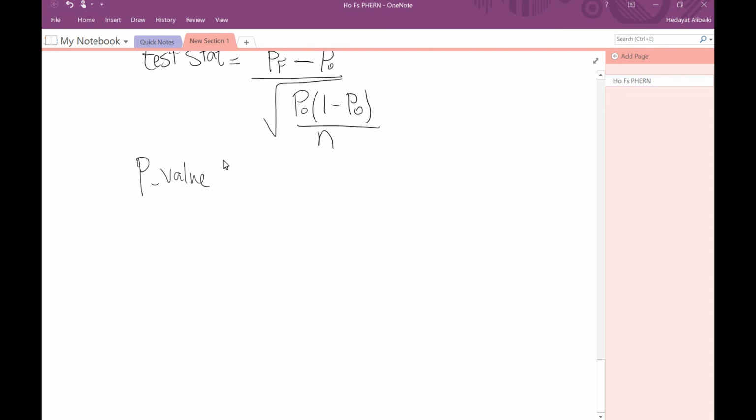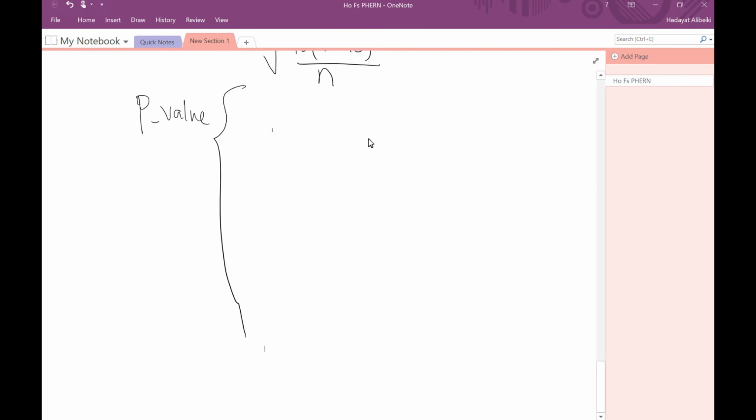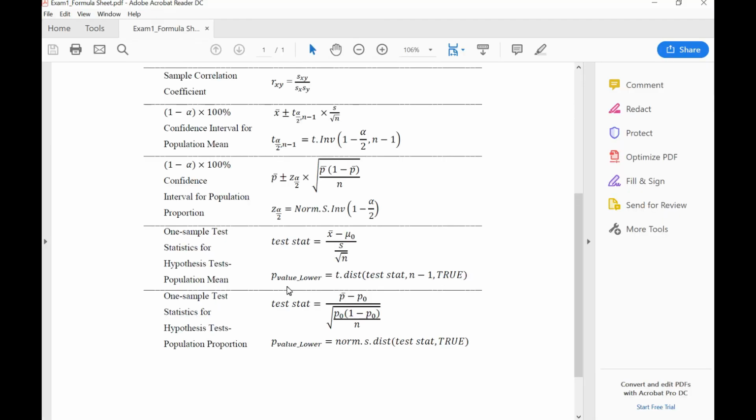The p-value lower tail would be, the formula is given in the formula sheet here, NORM.S.DIST of the test statistic and TRUE.